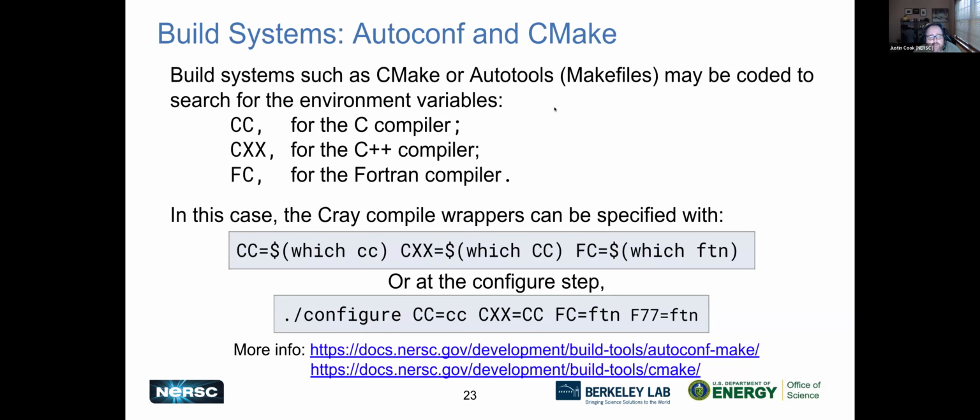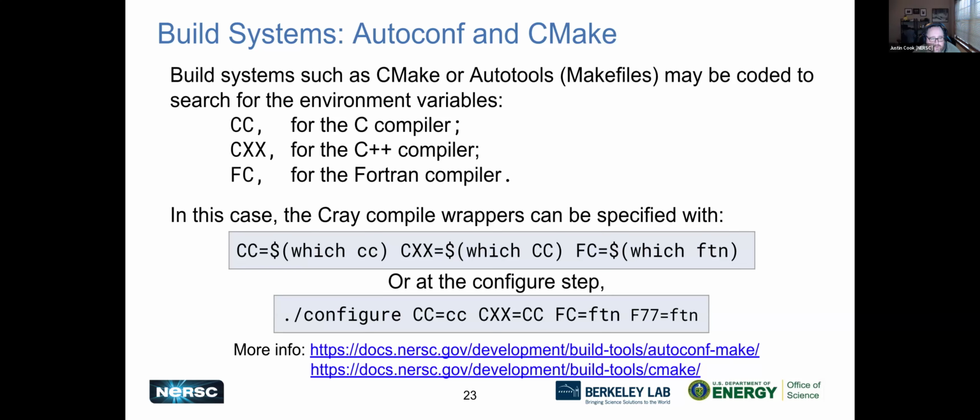Now, for build systems, it's pretty easy to adapt to using these wrappers. You just need to make sure that you're setting the correct variables for your build system. In the case of Autotools, you're going to set CC, CXX, and FC to each one of the correct versions of your wrapper.